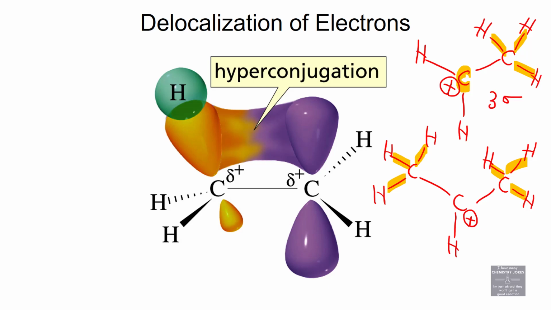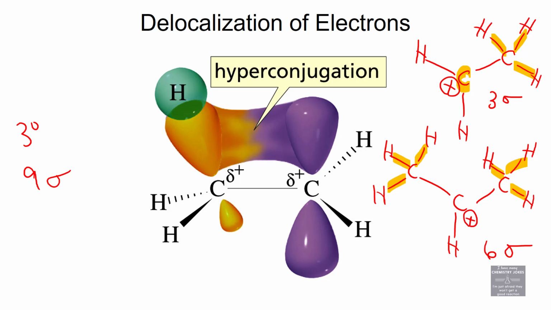So the top model has 3 sigma bonds that can help donate. The bottom has 6 sigma bonds that it can help donate. Any idea how many sigma bonds a tertiary carbocation would have? 9. So the more sigma bonds you have next door, the more spread out that positive charge becomes due to hyperconjugation, delocalization, sharing through sigma bonds.